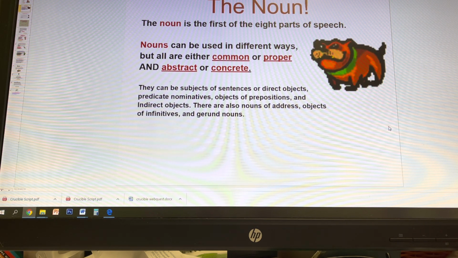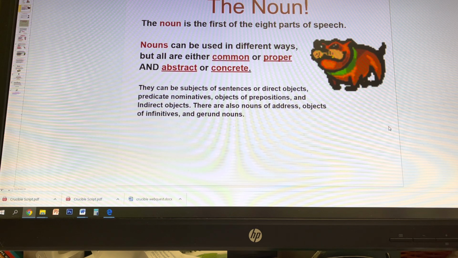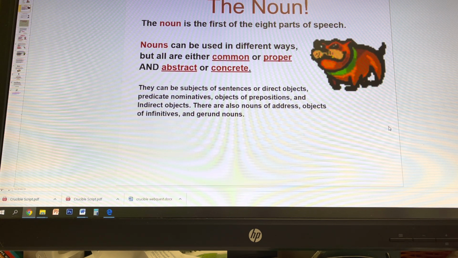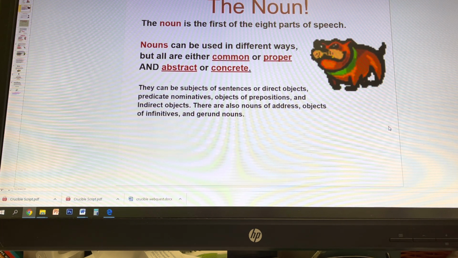Nouns can be used as subjects of sentences, direct objects. You don't have to worry about what that means yet, but do note that it says object. So an object would be a noun. Predicate nominatives. Ooh, that's a scary term. You don't have to know what it means either, but I will tell you that a predicate is all the words that function as a verb.